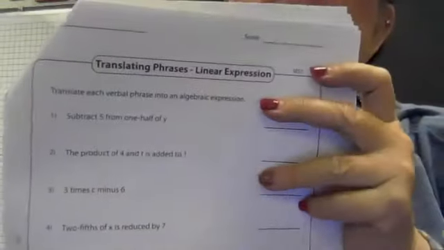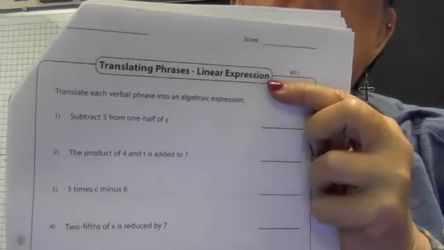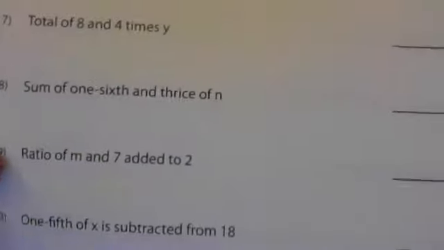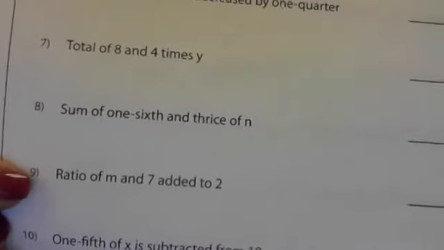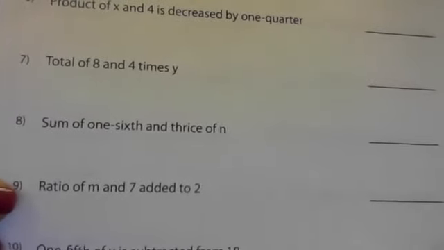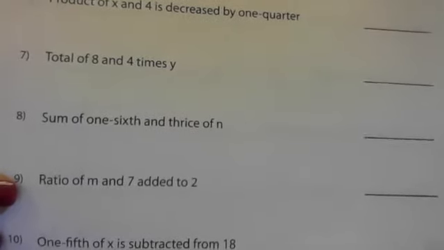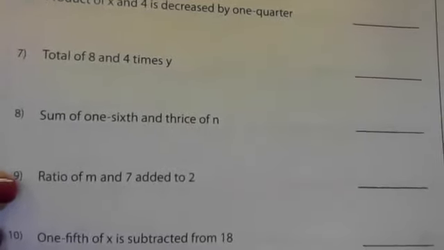Okay. This is on page 6. It's the MS1, translating phrases, okay? This one at the bottom, number 9. That one on the answer sheet is backwards. It should say 2 plus M over 7.